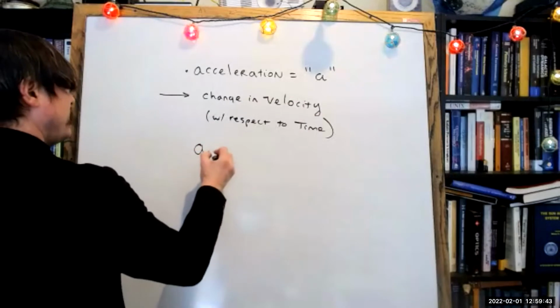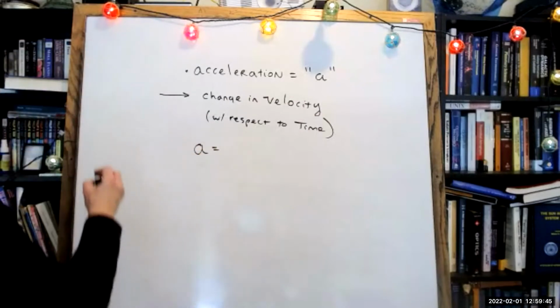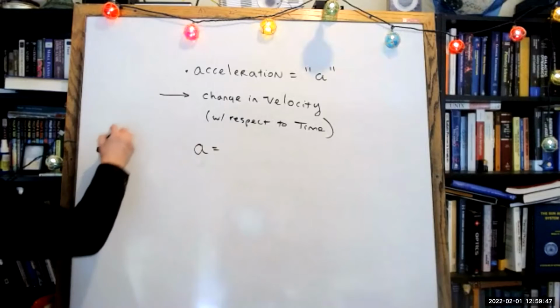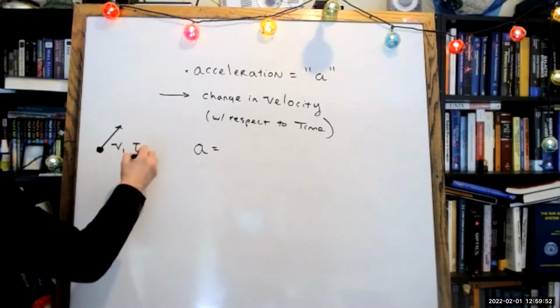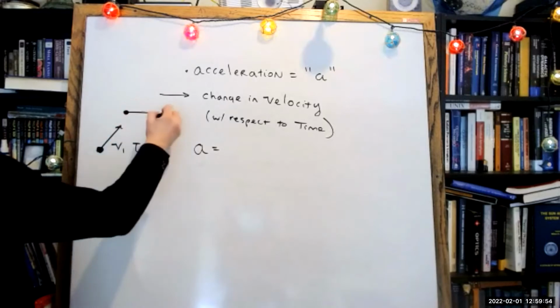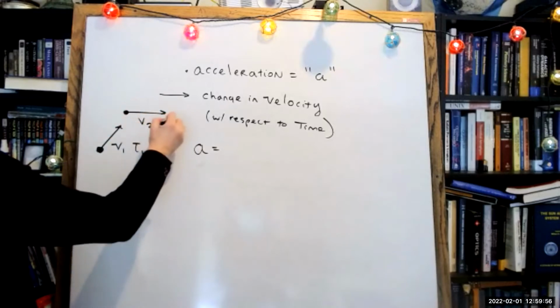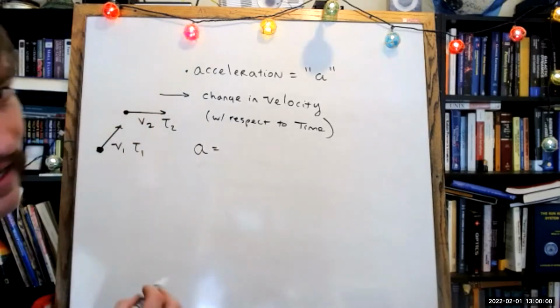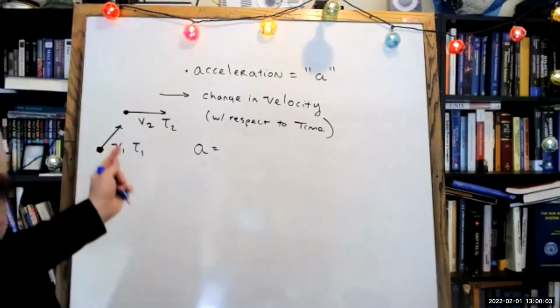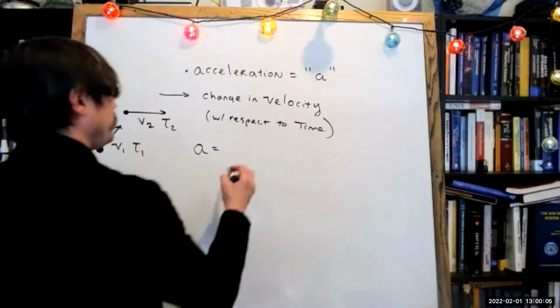We can write this mathematically if we consider an object in motion having speed 1 at time 1 and speed 2 at time 2. So we're imagining at time 1, it's at one rate, and then at time 2, it's at another. And I've implied that it could be direction or magnitude here.